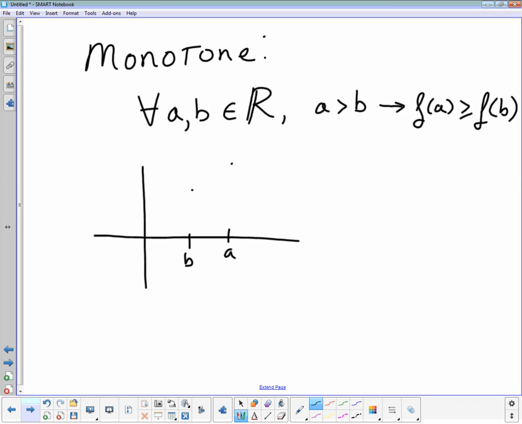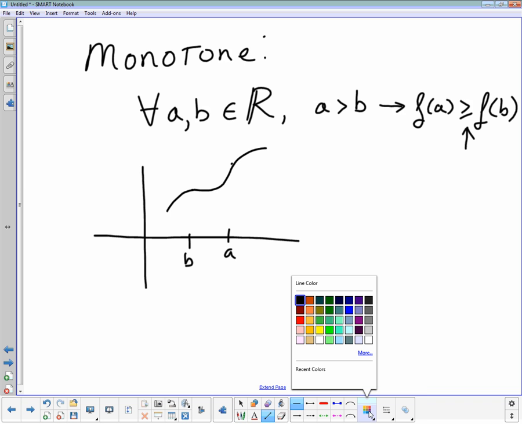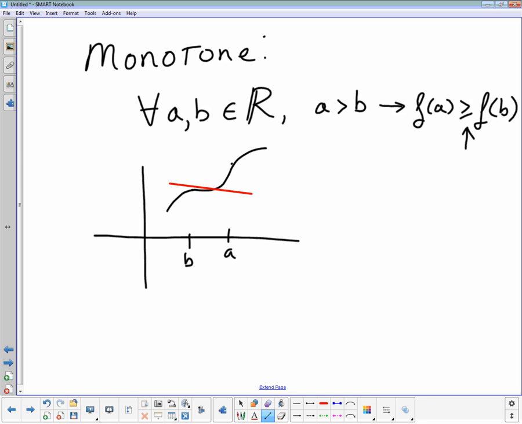Now, I want to clear up that inequality sign, because the last time I didn't put the bar under it, and that led me to think, well, wait a minute, if a function hits a stationary point or a horizontal tangent, would it still be monotone?